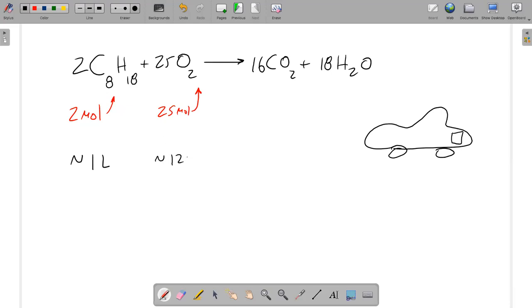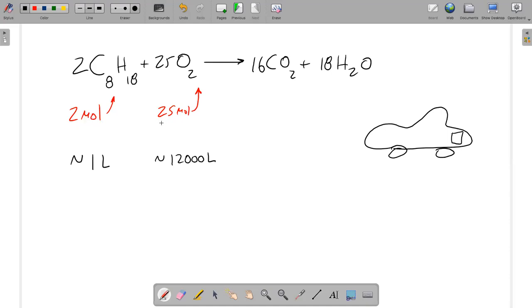You need about 12,000 liters of oxygen. So the ratio of molar quantities is about 12 to 1. But then oxygen has a volume about 1,000 times bigger because it's a gas instead of a liquid.